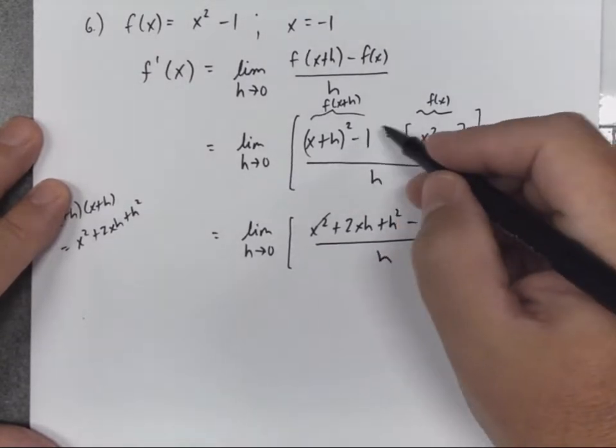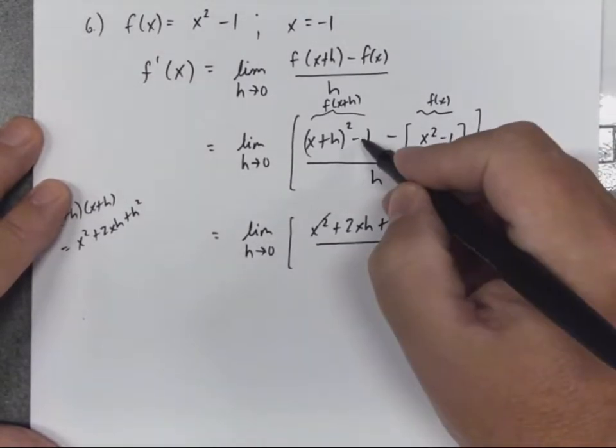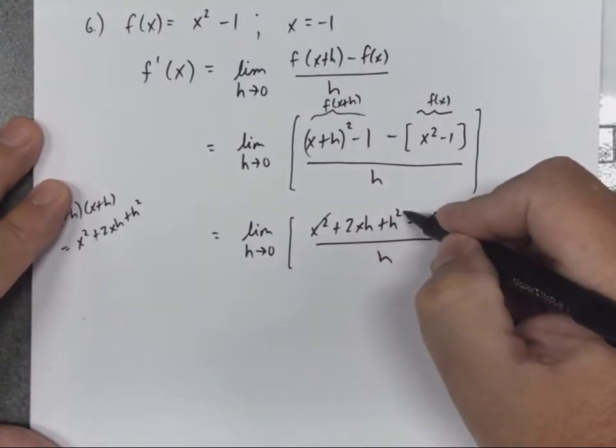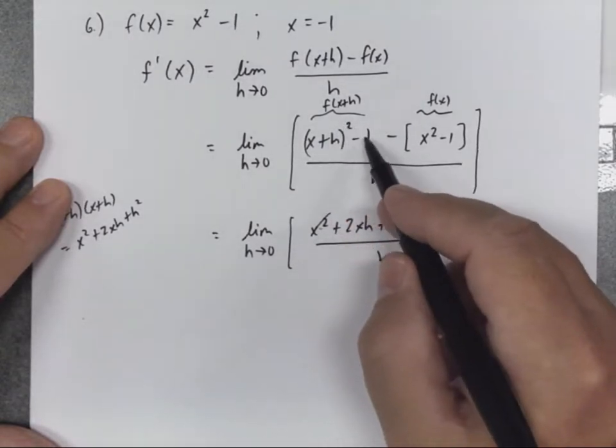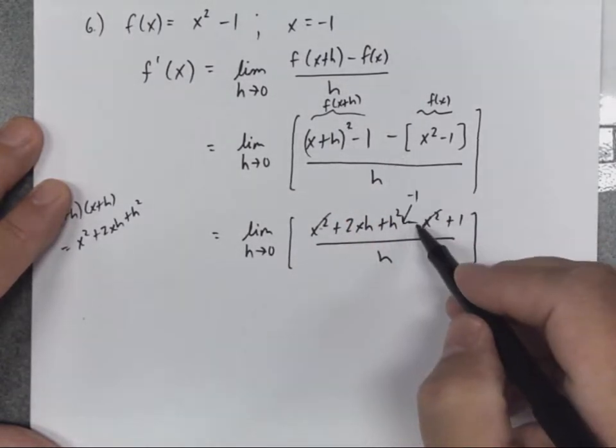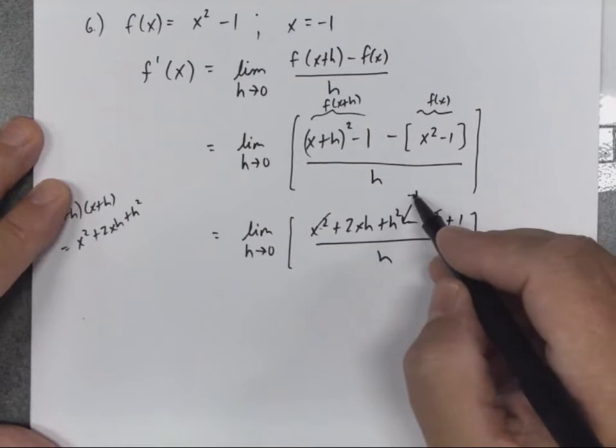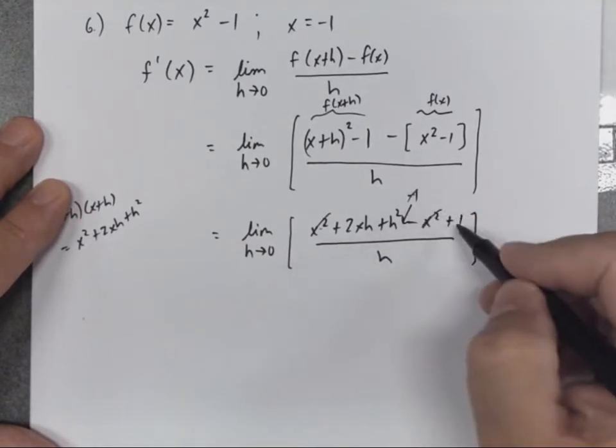Oh, I forgot this minus 1 up here. Here was my foiling, and then minus 1, I forgot, then minus this, because this minus 1 and this 1 cancel out.